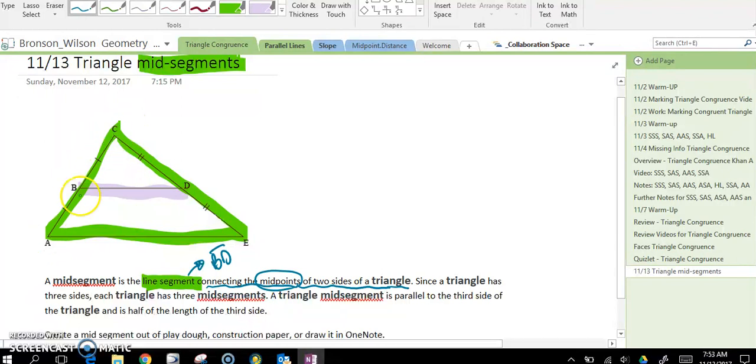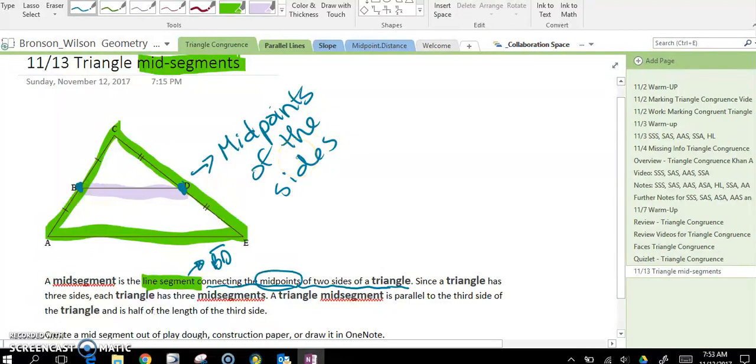AC or CA. Very good. What's the other side that line segment BD is connecting? CE or EC, however you want to say that. It happens to be connecting the midpoints. So that means B and D are midpoints of the sides.